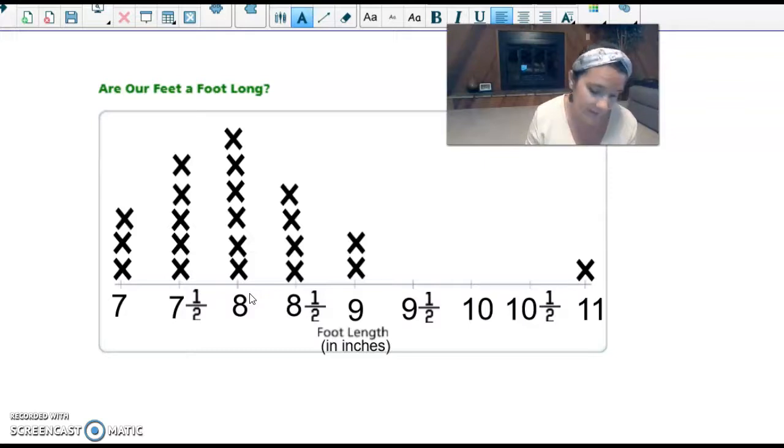So what would you say is a typical foot length for a grade 3 student in our class? What is the typical length? Well, looking at this clump of data, if we didn't look at the outlier, I would say, let's see, 6, 7, 8.